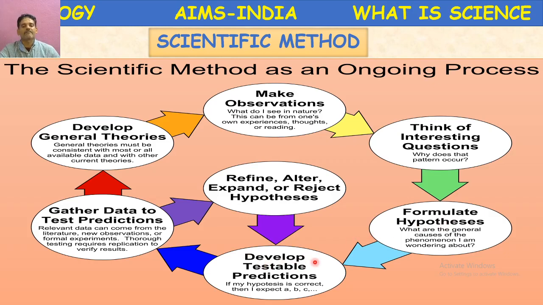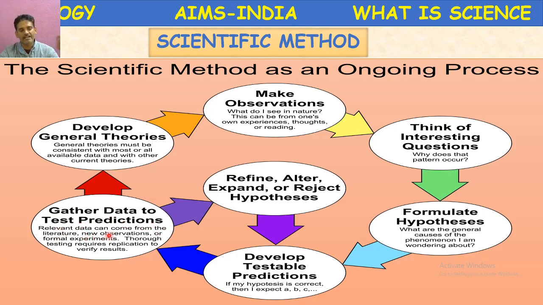Then, develop testable predictions. If my hypothesis is correct, then I can expect A, B, C. Like that, you have to predict. Prediction is very, very important. Then, from those predictions, gather data to test the predictions.